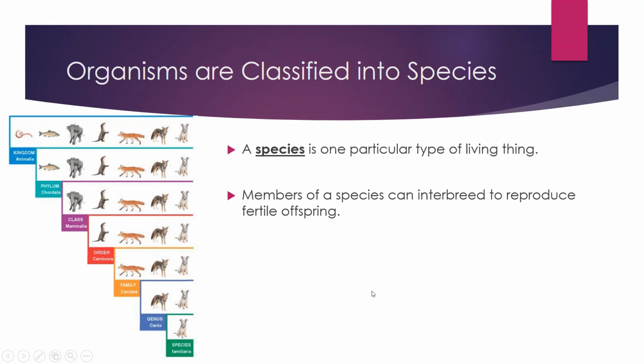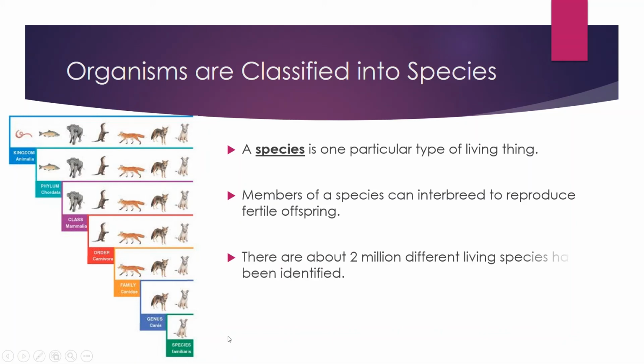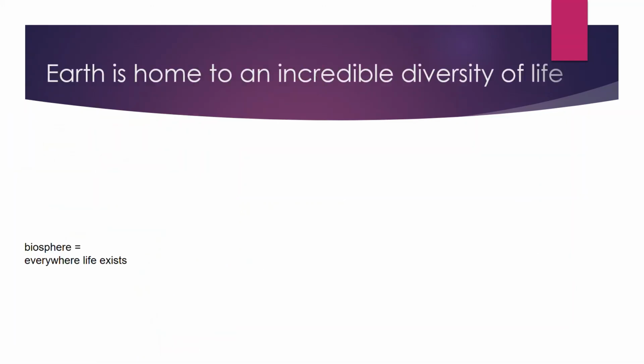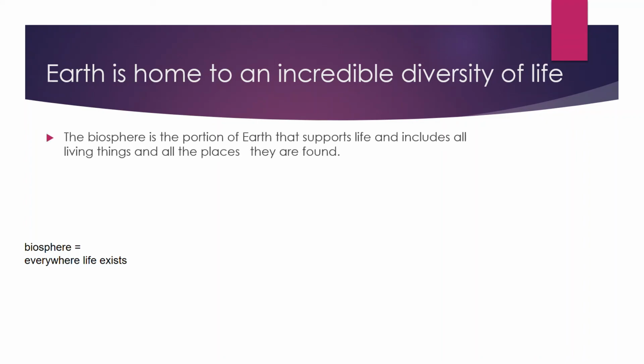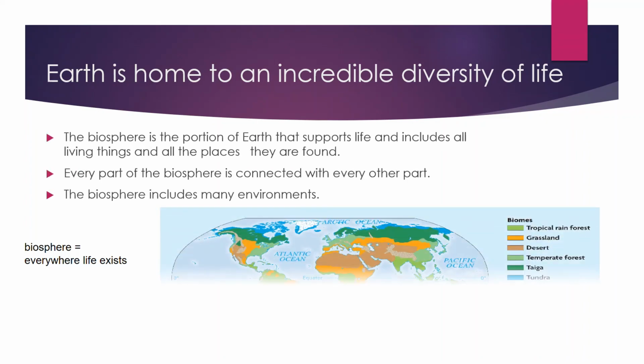So we are part of a genus and species called Homo sapiens, and if you have a dog at home, they would be genus Canis, species Familiaris. There's about 2 million different living species that have been identified, and that's really important. It's part of the biodiversity in the biosphere.